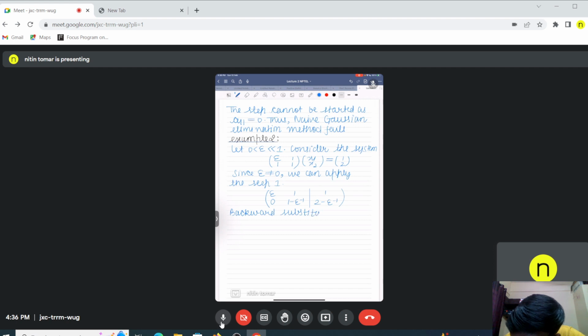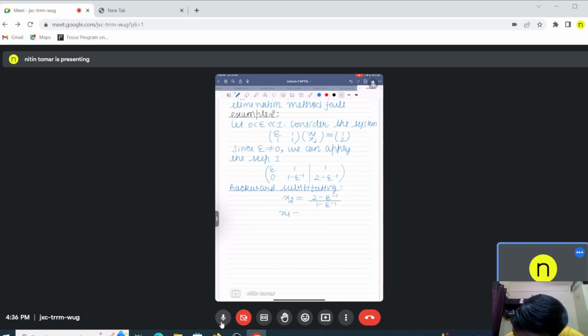One minus epsilon inverse times x2 is equal to 2 minus epsilon inverse, so x2 is 2 minus epsilon inverse upon 1 minus epsilon inverse. And x1 is epsilon x1 plus x2 equals 1, so x1 is epsilon inverse times 1 minus x2, right? Yes, sir.